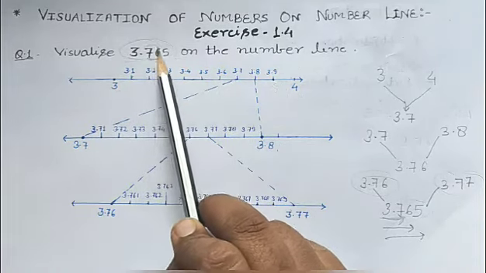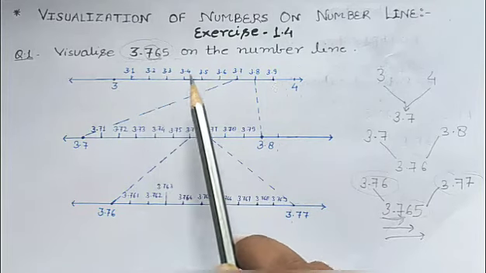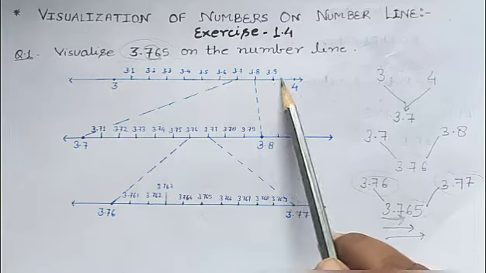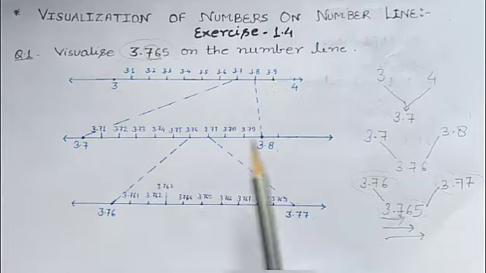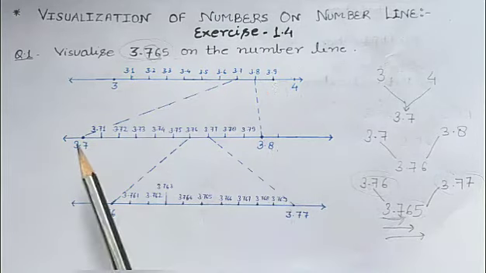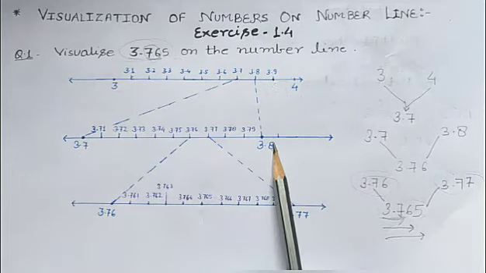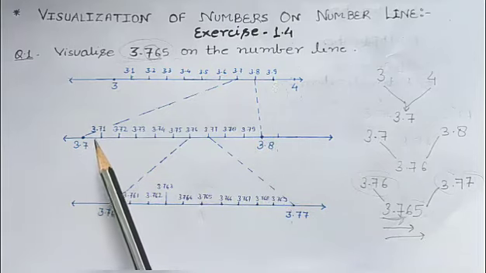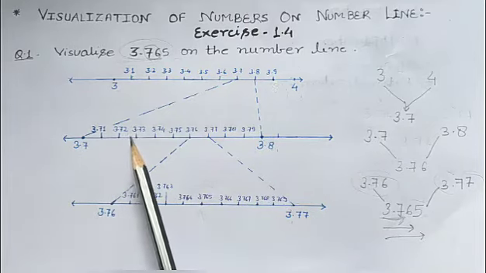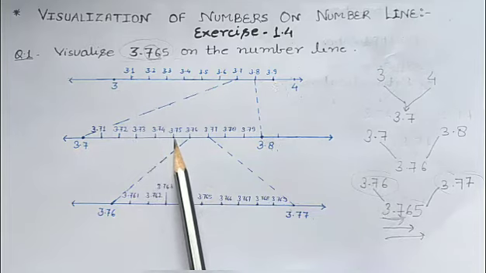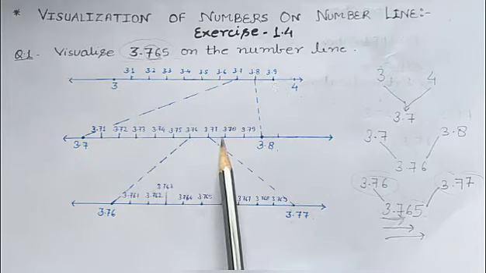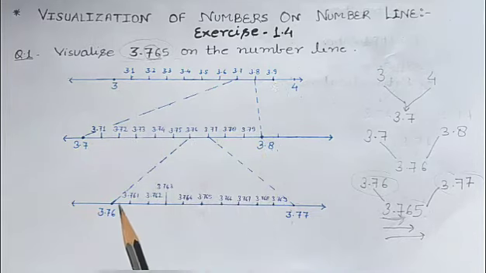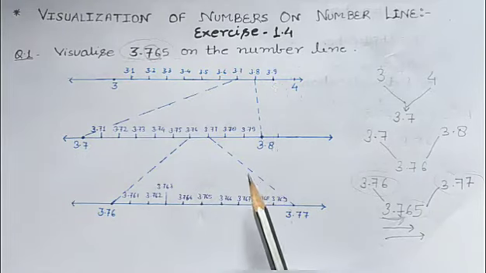For finding 3.76, our extremes will be 3.7 and 3.8. Again we have divided these two numbers into 10 equal parts: 3.71, 3.72, 3.73, 3.74, 3.75, 3.76, 3.77, 3.78, 3.79 and 3.80, that is 3.8.